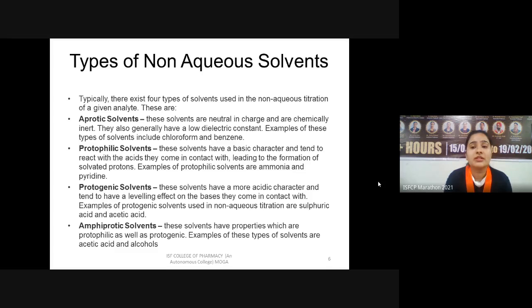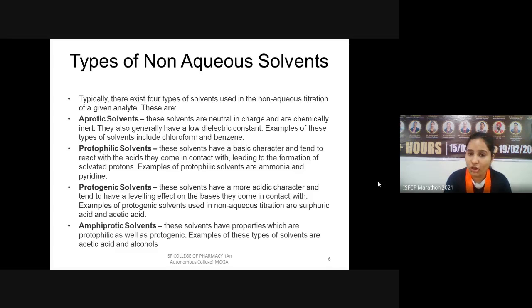Examples of these types of solvents include chloroform and benzene. In chloroform, we have carbon and hydrogen atoms, the electronegativity difference is not that high, so it acts as a non-polar solvent.